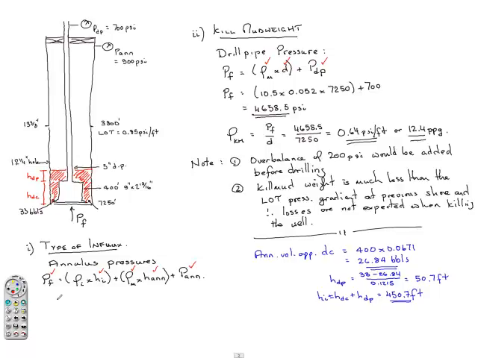So PF, 4658.5, equals rho I times 450.7, HI, plus rho M, which is 10.5, our original mud weight, times 0.052 times 7250 minus HI, which is 6799.3, plus P annulus, which we know from up here, is 900.